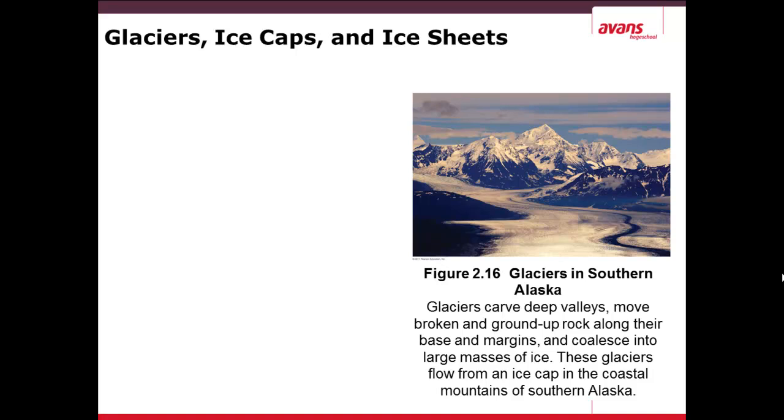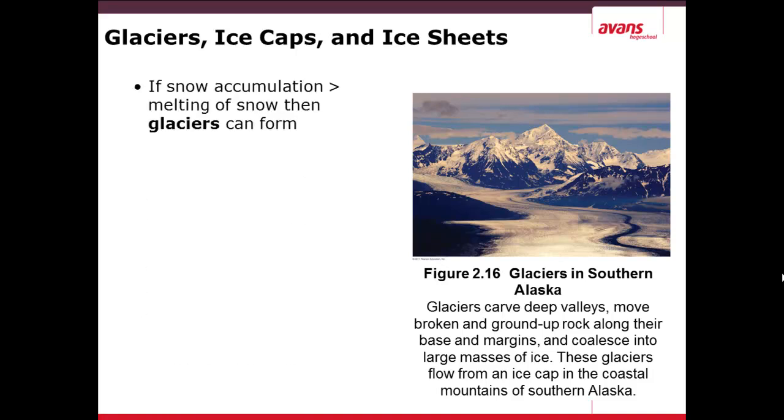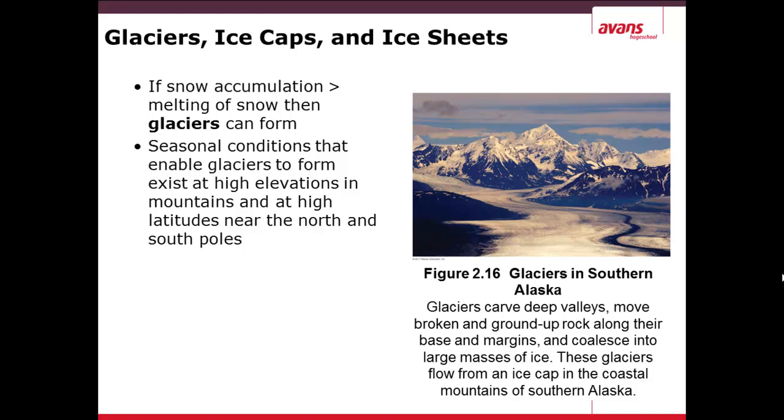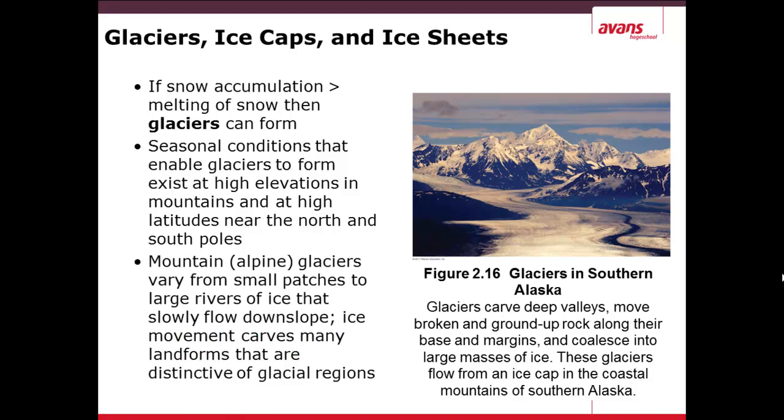Glaciers, ice caps, and ice sheets are another reservoir of fresh water on our planet. These glaciers are formed when the snow accumulation is greater than the melting of the snow. Seasonal conditions affect the glaciers at higher elevations, and there are large glaciers on the north and south poles.